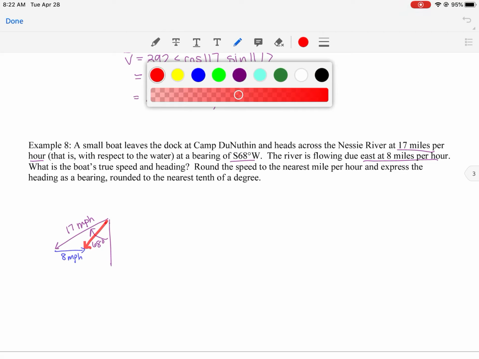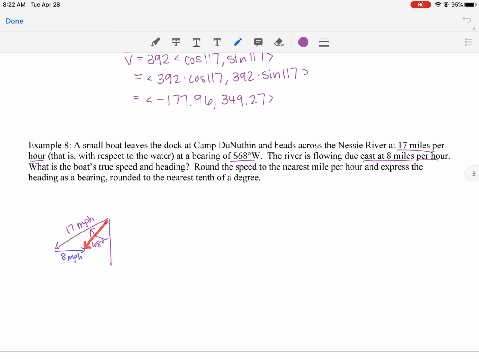So let's talk about the first thing it asks for, and maybe I will redraw this triangle because I always think that helps me see things. I've got 17 miles per hour here, and then this is 8, and they want us to know first of all the true speed of the boat, which is going to be this x, I'll call it, the last side of our triangle.